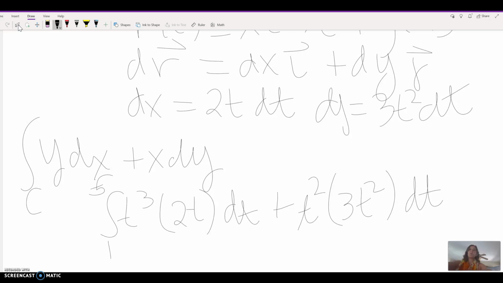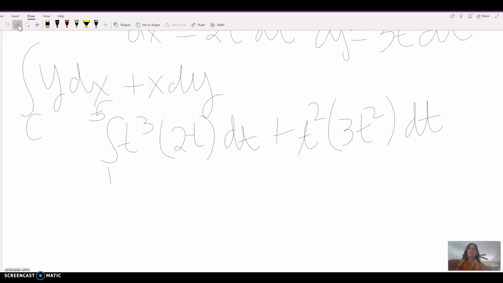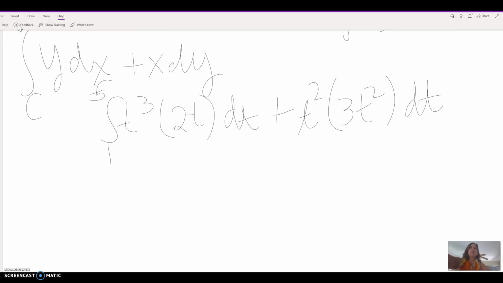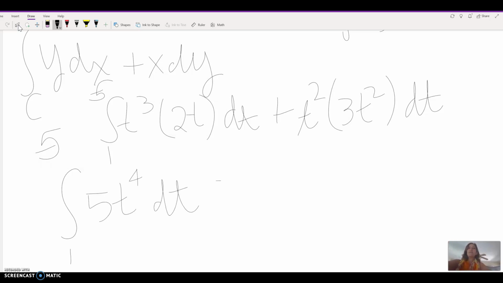I can, of course, look at this as two separate integrals, or I could factor out my dt and combine like terms. And it looks to me like I have 2t to the fourth plus 3t to the fourth. So I'm still going from 1 to 5, and I have 5 times t to the fourth dt when I combine everything.